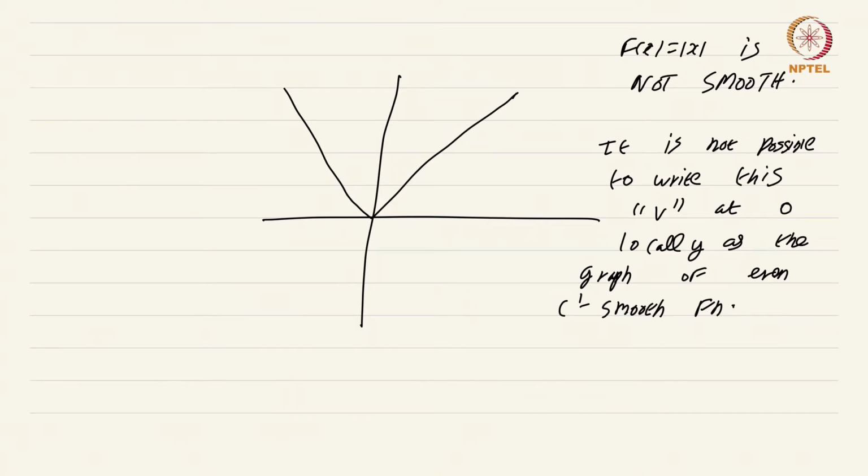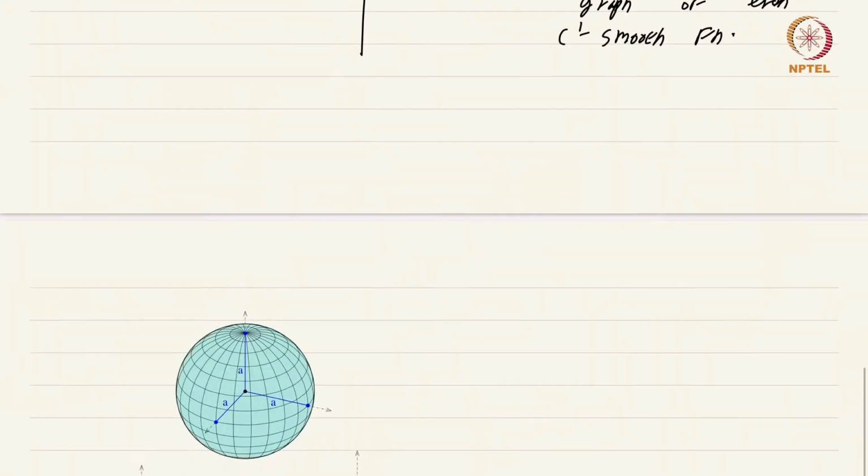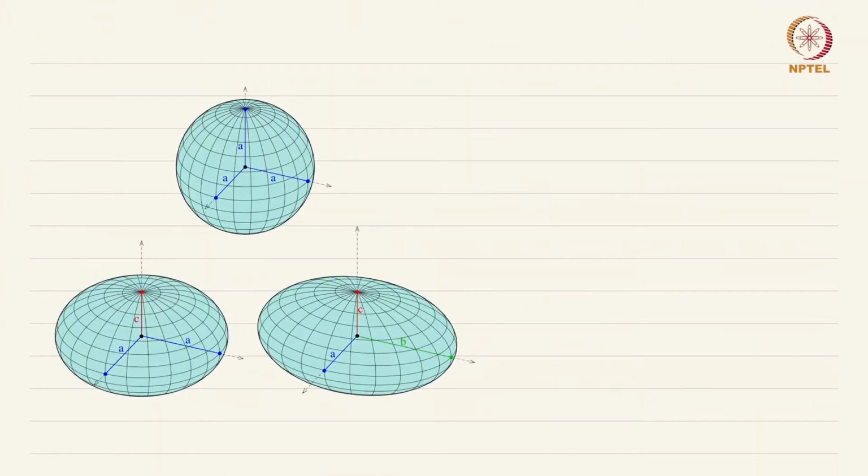So what we have seen is some examples and non-examples of manifolds. Let's finish with one more example that comes from the level set. These are ellipsoids. They are also graphs of functions.